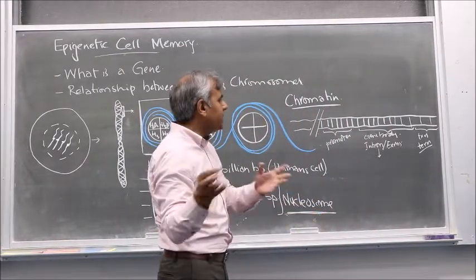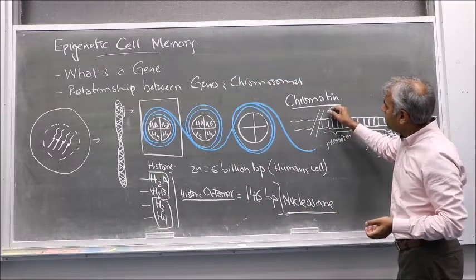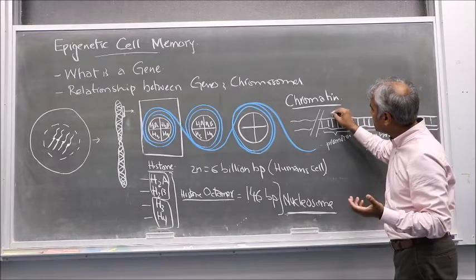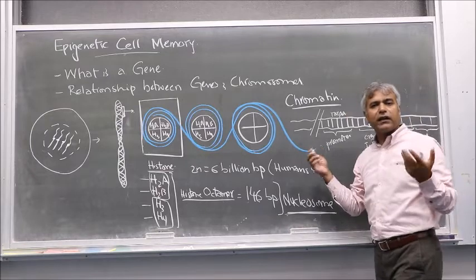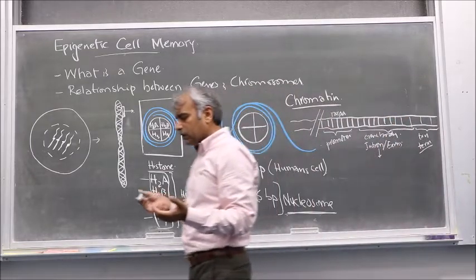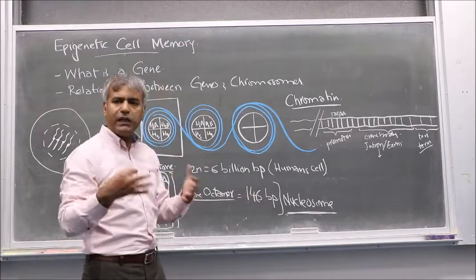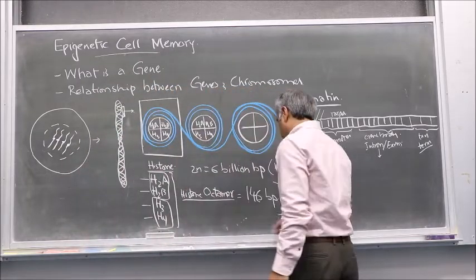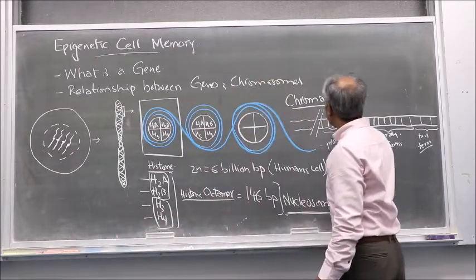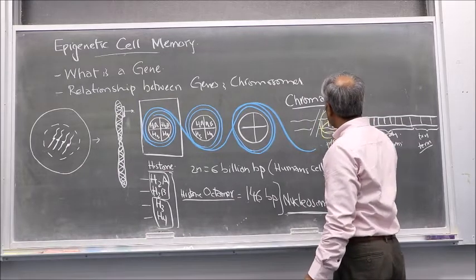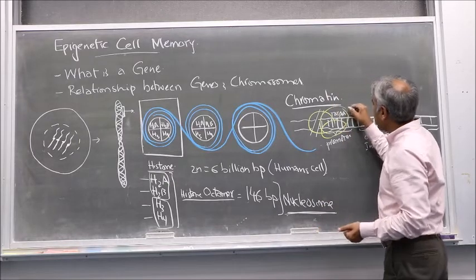I'm not going to go into details of the central dogma, but I just repeat, the promoter elements contain specific sequences like TATA boxes, etc., which are the recognition sites for general transcription factors, TATA binding protein, TFIID, etc. The promoter element is recognized by the RNA polymerase machinery.